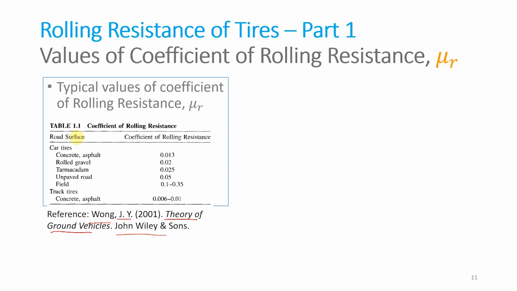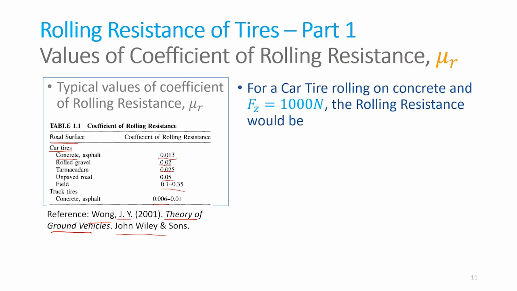From this book I have taken this table, and you can see that for a road surface of concrete, for a car tire, the rolling resistance coefficient is 0.013, and for rolled gravel it's 0.02, and for different surfaces they have listed here. Now in order to see practically what this implies, let's take an example.